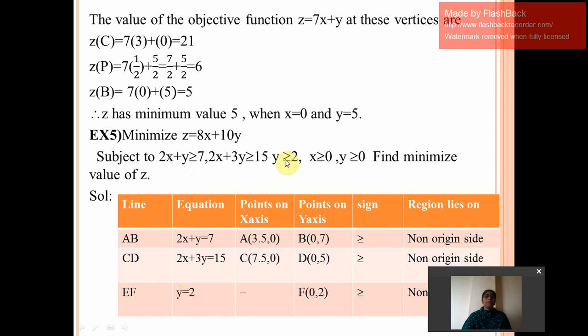Third line EF, y greater than or equal to 2, that is a line parallel to x-axis. F is equal to coordinate (0, 2). First line greater than or equal to, second greater than or equal to, third also greater than or equal to. Origin lies on the non-origin side.